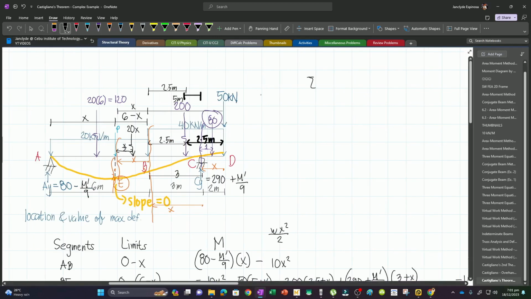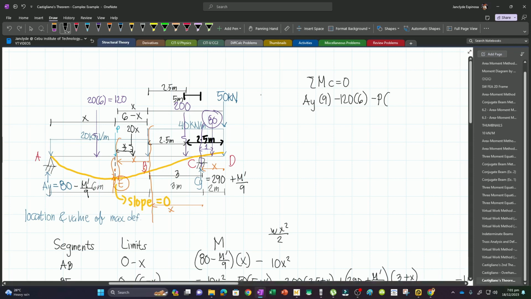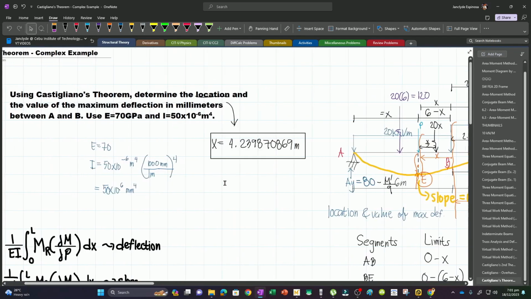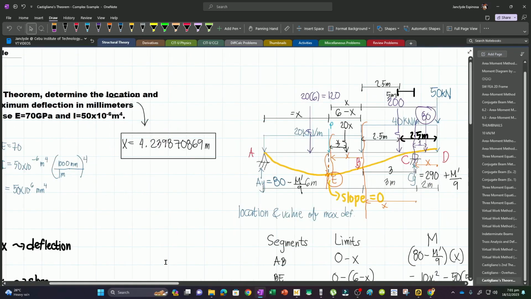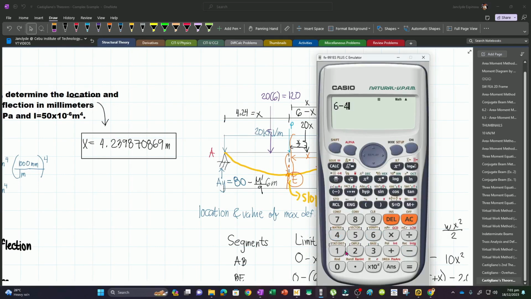And so if I take moments about C, I will have AY times 9 minus 120 times 6 and then minus P times this distance. Again, we have X. Let's just say X is 4.24. Then 6 minus X will be 6 minus 4.24, which is 1.76.